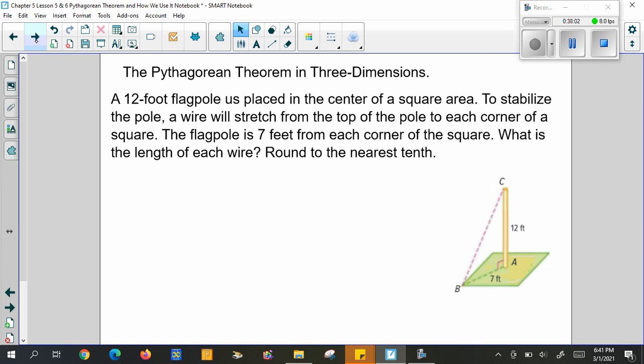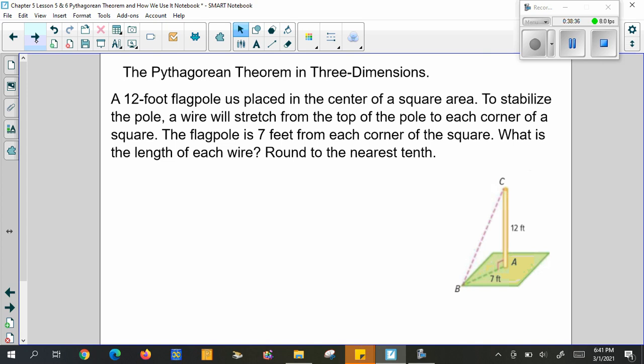A 12-foot flagpole is placed in the center of a square area. We see that in the picture. To stabilize the pole, make sure it stays in place, a wire will stretch from the top of the pole to each corner of a square. The flagpole is 7 feet from each corner of the square. What is the length of each wire?